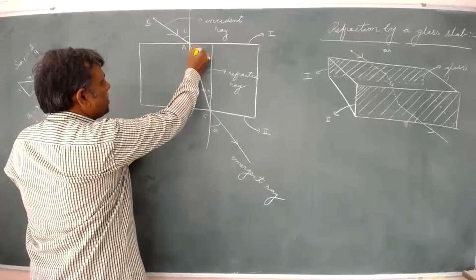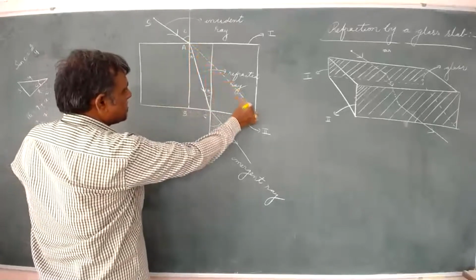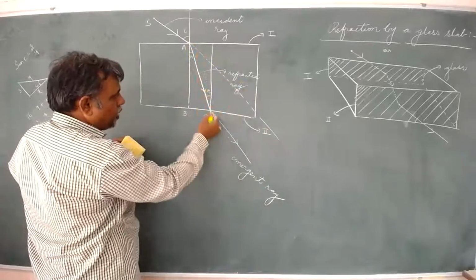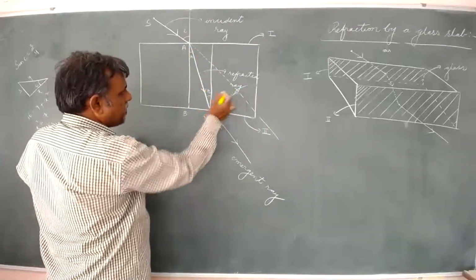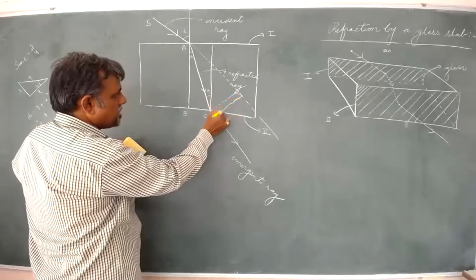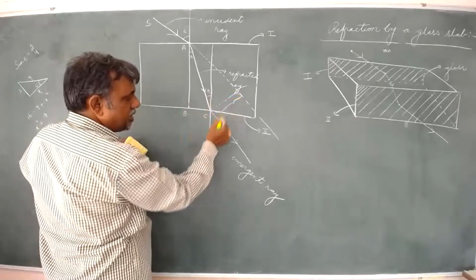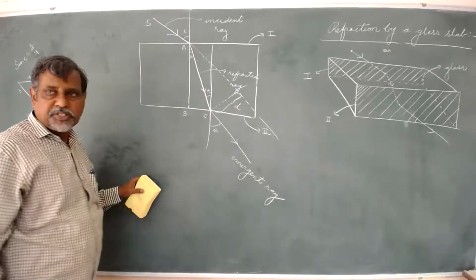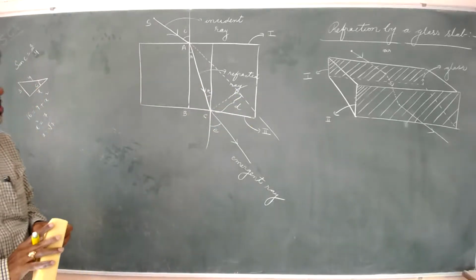Now what is the angle of deviation? Look at this. Extend this one like this. From its usual propagation, the light ray got bent over here. At what distance? This is the perpendicular distance, and this is called the lateral deviation. Small d represents the lateral deviation.